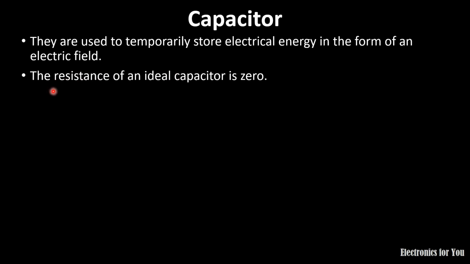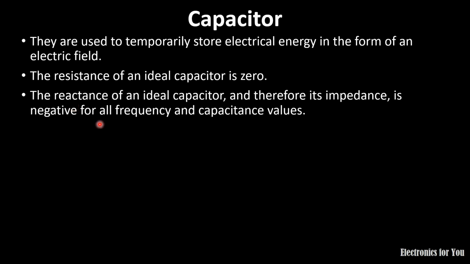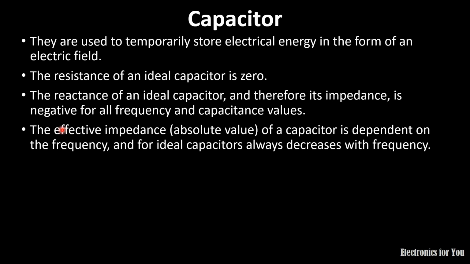For an ideal capacitor, the resistance is 0 and the reactance of the ideal capacitor is generally considered as negative, and we know that as frequency increases, the effective impedance of the capacitor decreases.